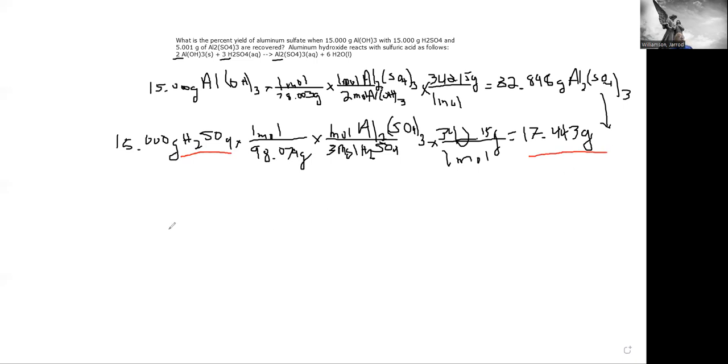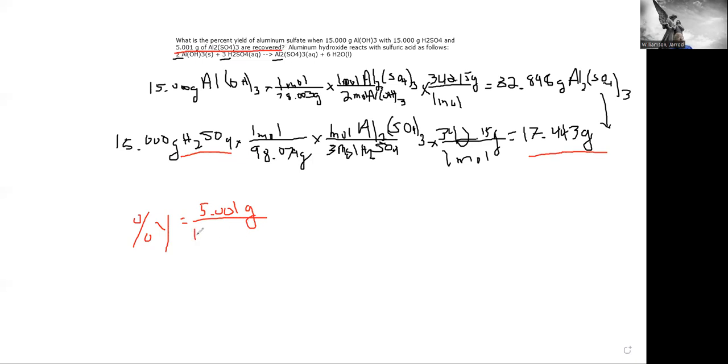Okay. And you calculate the percent yield. I'll just call it percent Y. That's going to be actual. The actual is 5.001 grams. I told you guys, whenever you read a problem, if it says a certain number of grams are recovered or produced or weighed, that's your actual.